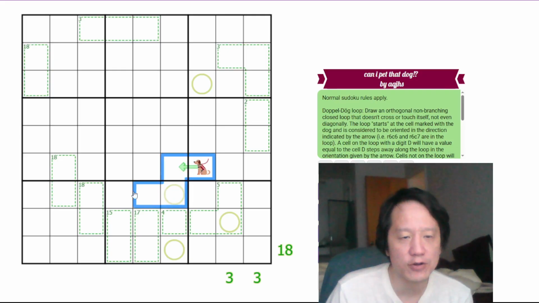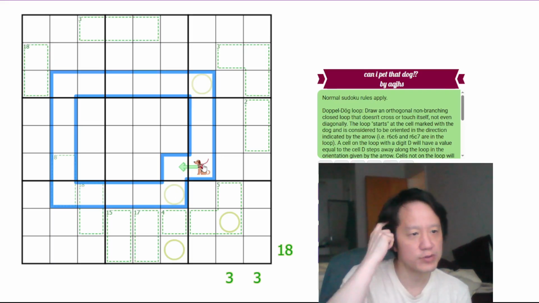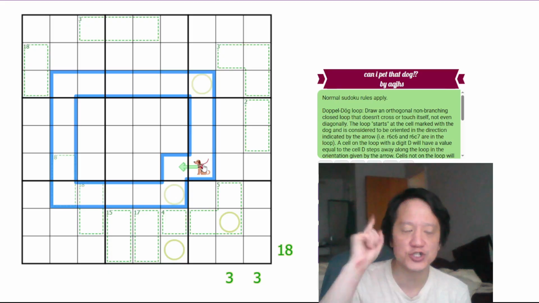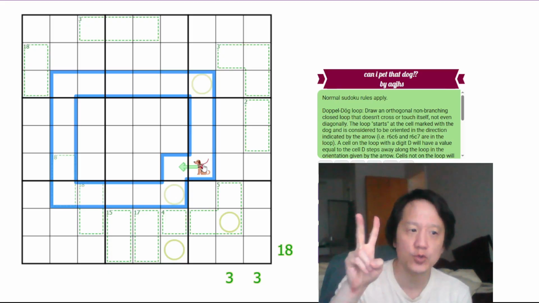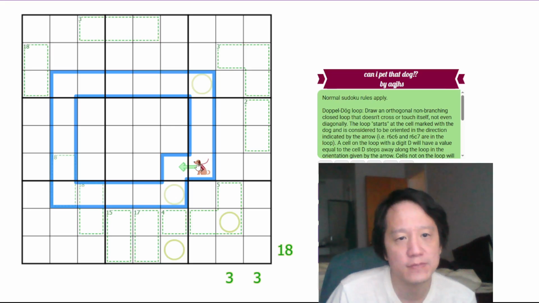An orthogonal loop basically means that every cell on the loop must share an edge with two and only two cells on the loop. So, for example, this is a valid loop.